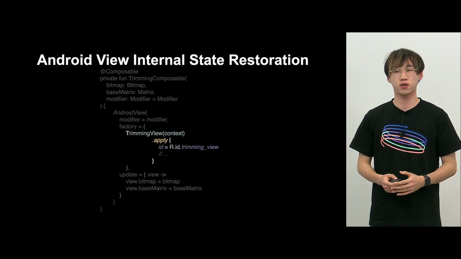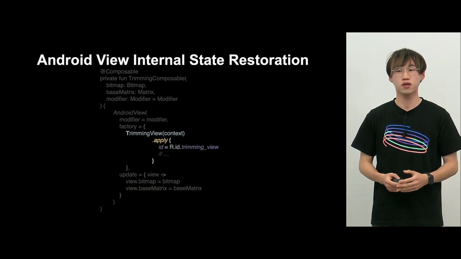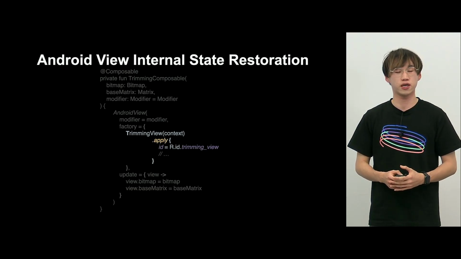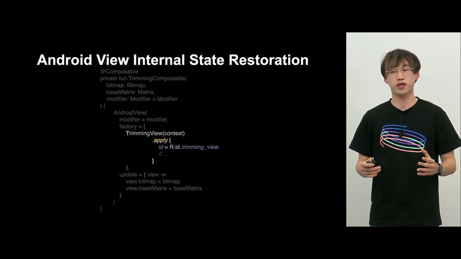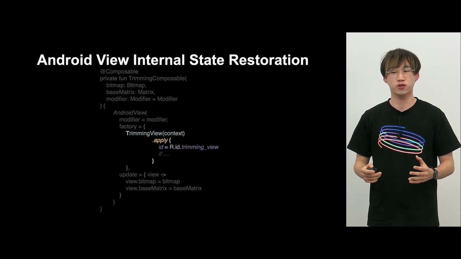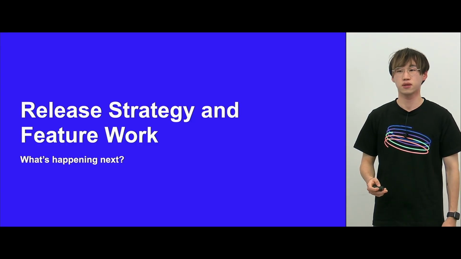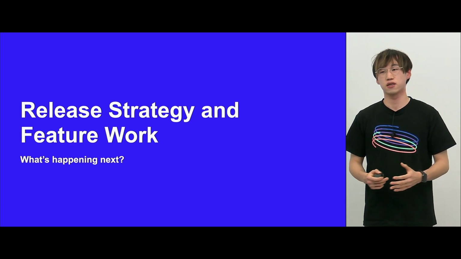If the view does not have an ID, onSaveInstanceState and onRestoreInstanceState will not work well. Like this, it is not difficult to use a simple Android view in a composed view, but you should be careful when using a custom Android view like this one or an Android view with internal state. You may face unexpected behavior.